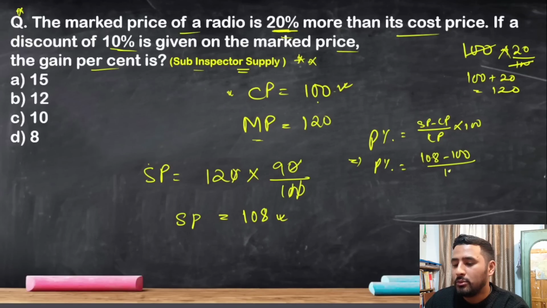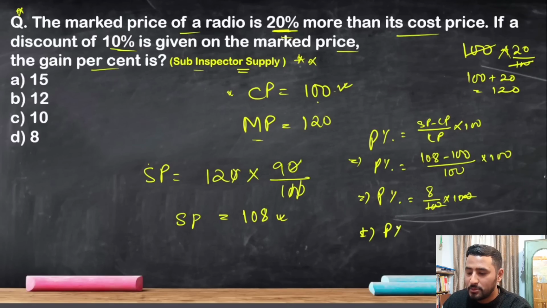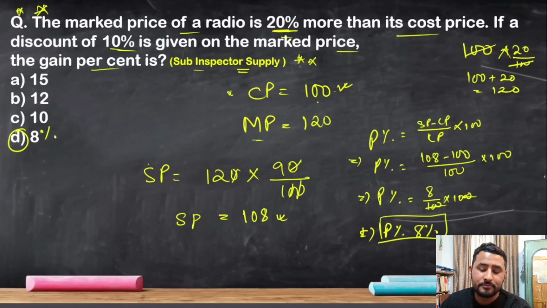So profit percent will be 108 minus 100, which is 8, by 100 into 100. You can do it directly also. I'm just solving here to show you all. The 100 gets cancelled. So our profit percent will be 8%. Can you see how you should do this type of question? You can expect this type of question this year also. So the answer will be 8%.